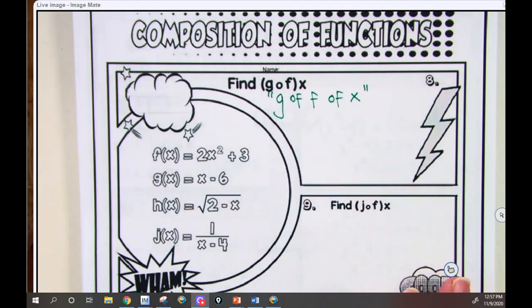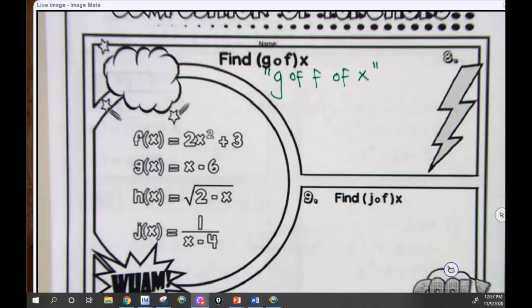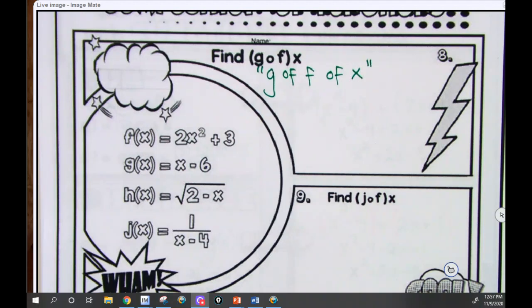You're going to be lazy and you'll probably call it Goff, but we read it g of f of x. Now you don't need to write this down, but I want to give us a little back work. If I told you to do g of 3, what would you do? Here are our functions. So we take 3 and we'd substitute it in, right?